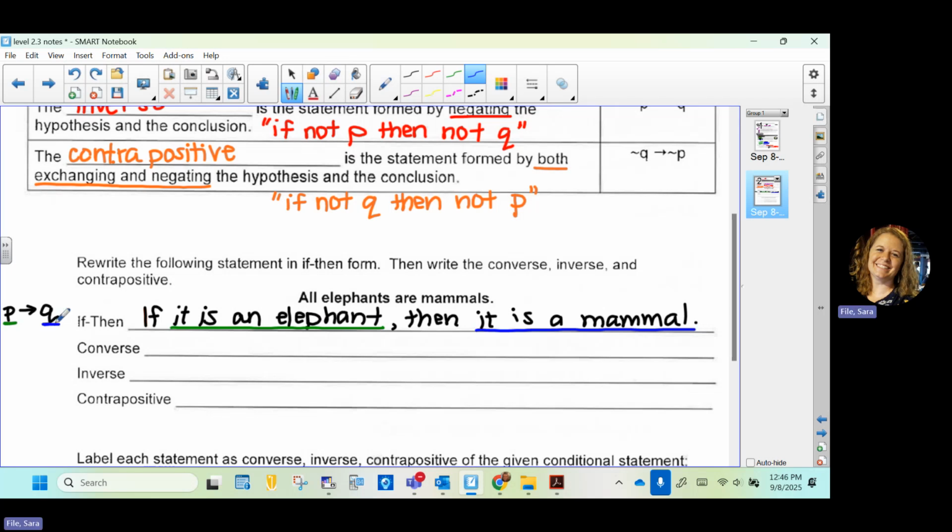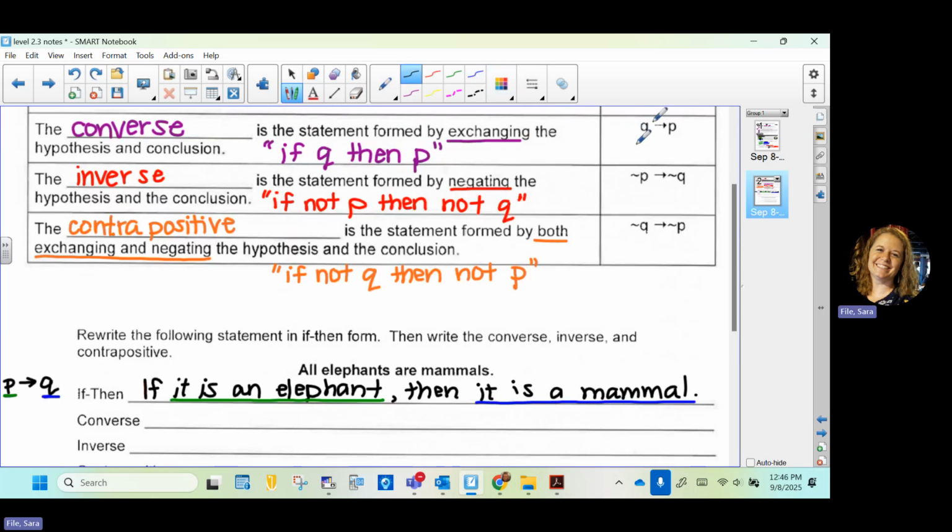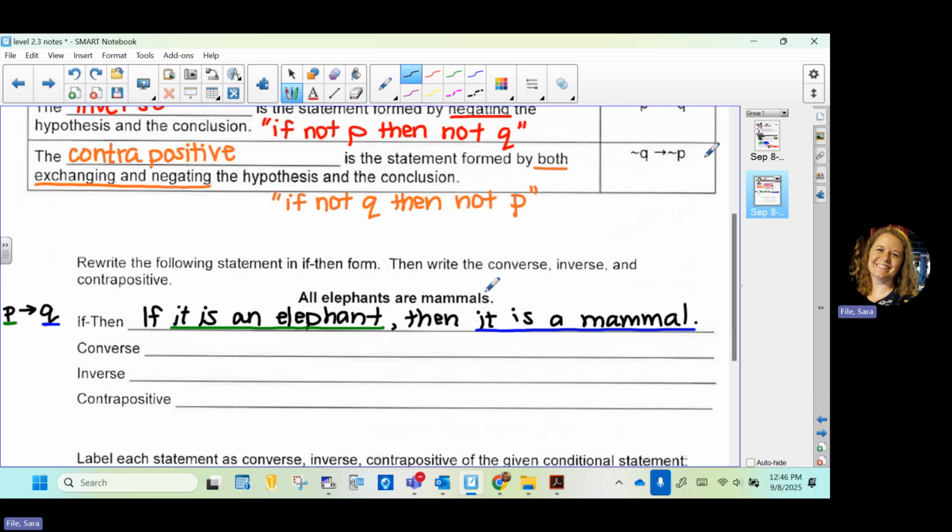So the converse says to switch the order. So we're going to go if Q, then P. So I'm just going to switch what I underlined in green and blue. So I'm going to write, if it is a mammal, then it is an elephant.